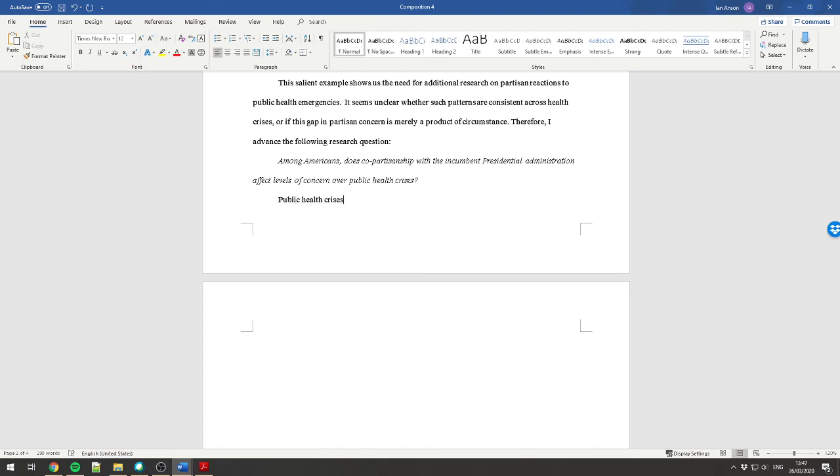Public health crises in the United States are not new. From the SARS scare of an earlier decade to the mad cow disease.